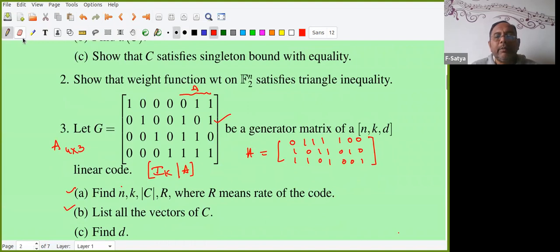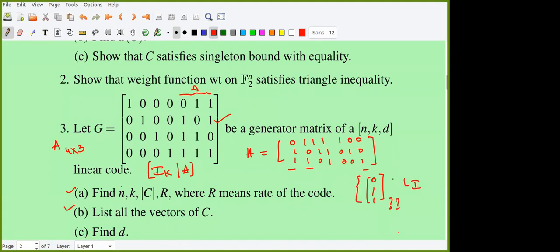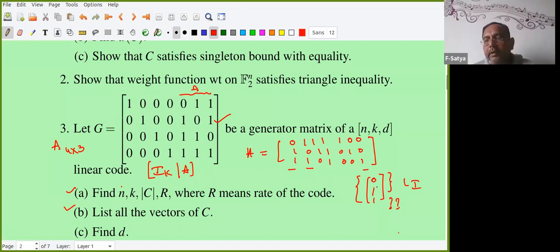So look at the columns here. This is the first column, second column, like that. We have 7 columns. Is each column independent? A single vector, 0, 1, 1, is it independent? You know, right? Is a single vector linearly independent or not? Yes, sir.